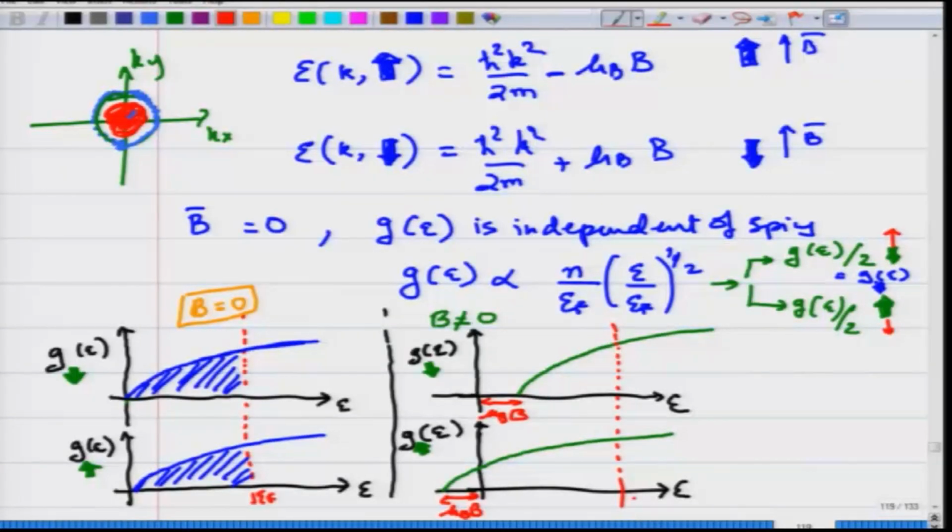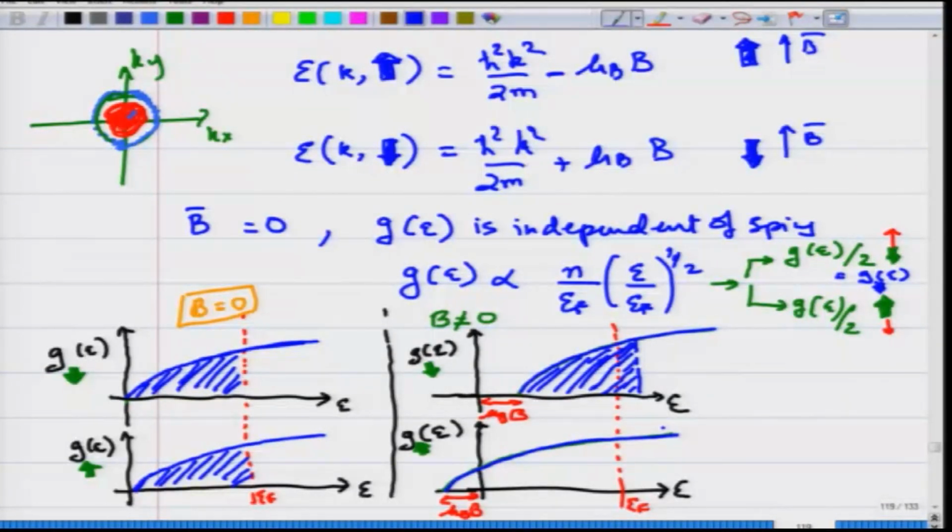This was the Fermi energy, this is the Fermi energy, but now this set of electrons which have magnetic moment in the minus direction have all shifted in the positive direction. So, it is equivalent to shifting all of this by plus mu B. So, what has happened is that these electrons have momentarily gone above the Fermi energy, because you can imagine this just by shifting it by some amount.